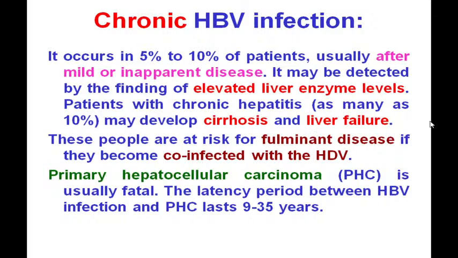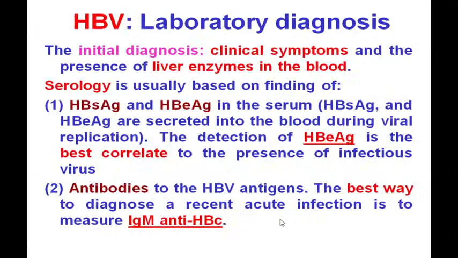People chronically infected with hepatitis B are at risk of fulminant disease when they become co-infected with hepatitis D virus. Primary hepatocellular carcinoma may also develop, but that is not a rapid process. It takes usually from 10 years to several decades to develop primary hepatocellular carcinoma.